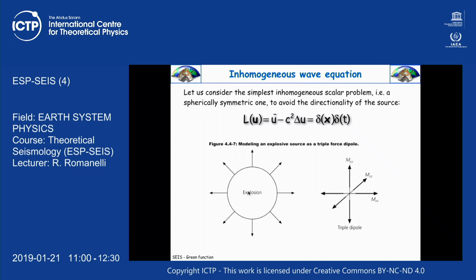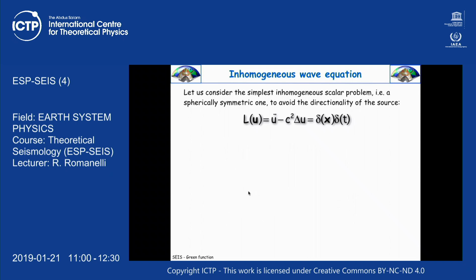If you want, this explosion can be seen with the moment tensor as 1, 1, 1 on the diagonal terms. All equal, all positive. Implosion will be all equal, all negative. It's a specific case. It will have a radial symmetry, and since it has a radial symmetry, the solution will be easier.